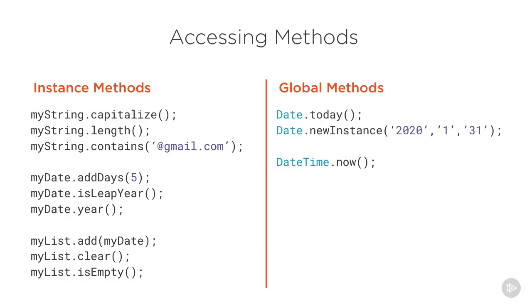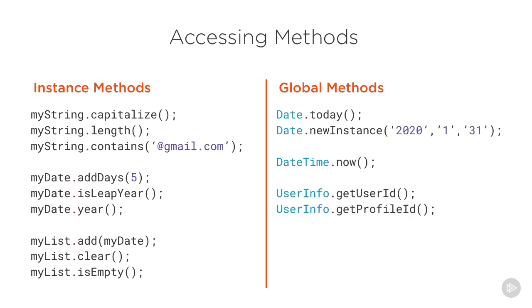DateTime also has a useful global method called now, which gives us the current date and time. Again, we use the literal name of the data type, not a variable of it. Global methods are meant to make our lives easier, so Salesforce gives us access to some special global methods too.